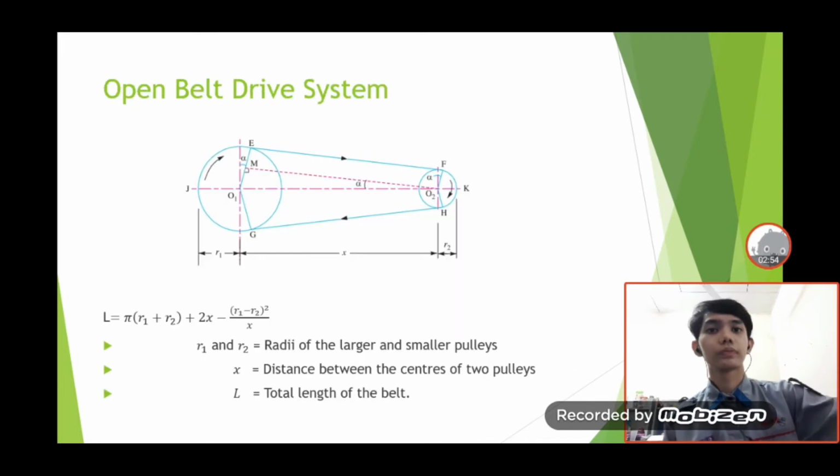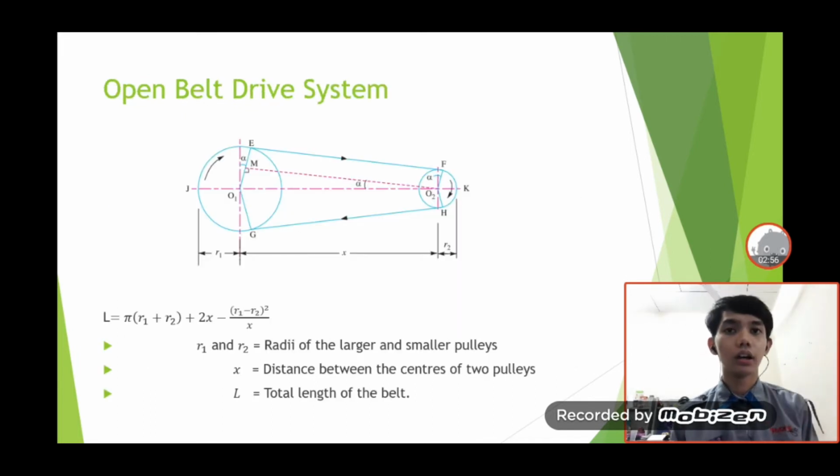There are two functions for my program. The first function is the open belt drive system. For the open belt drive system, there are two pulleys, and both of the pulleys rotate in the same direction, because the arrangement of the belt forces both of the pulleys to rotate in the same direction.